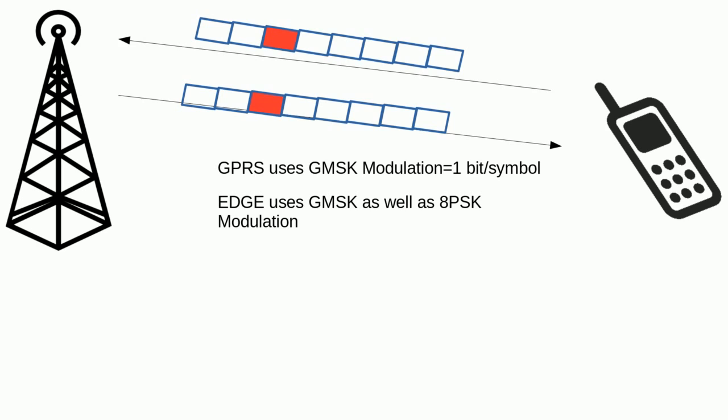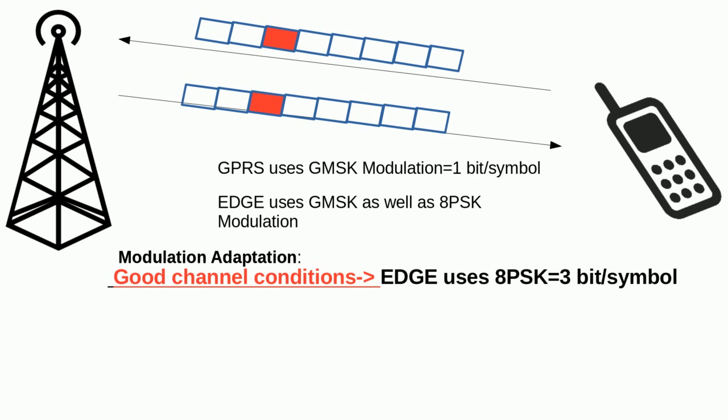When we use 8 PSK, this comes in the domain of the modulation adaptation that we do in the case of Edge. So what is modulation adaptation? Modulation adaptation is that when the mobile station is near to the base station, the radio channel conditions for the mobile station are good.